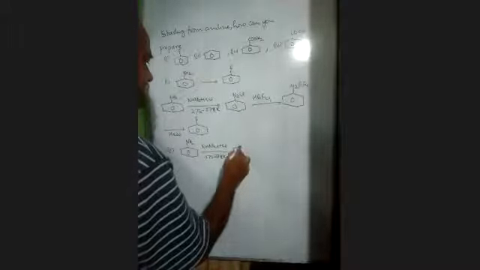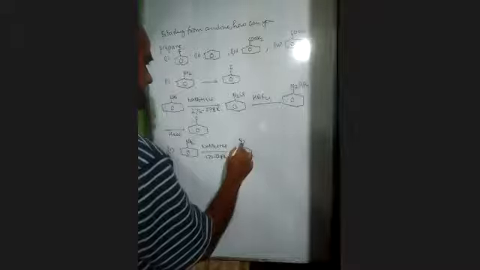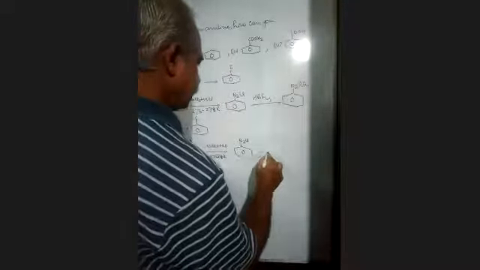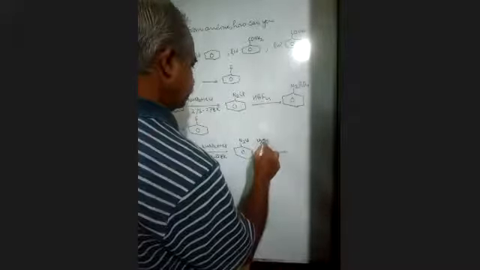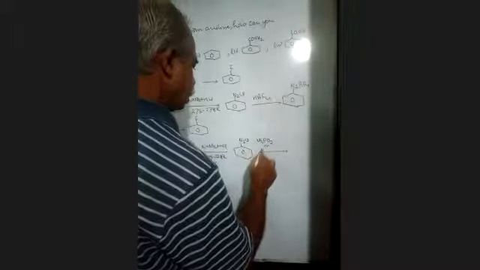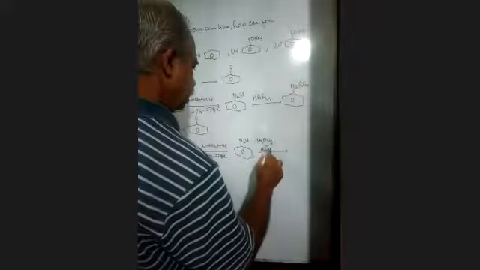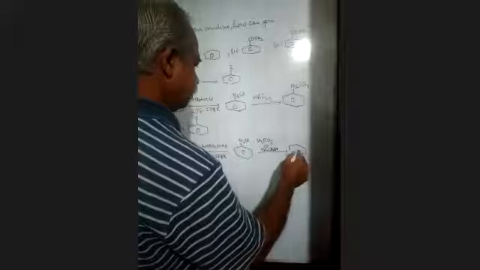You'll get here N2Cl. After that, you know how do you carry out reduction? H3PO2 or ethanol. What will we get here? We'll get this. Right.